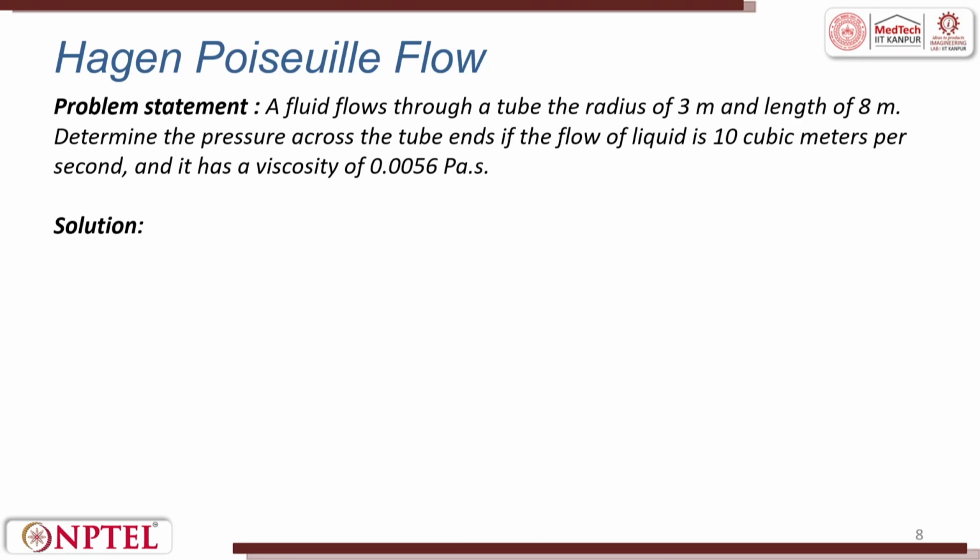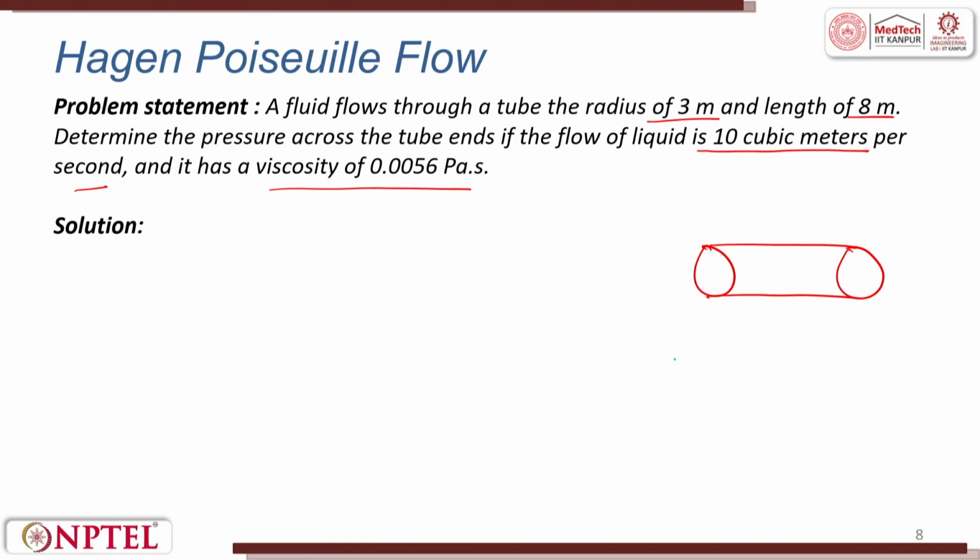Let me see a problem statement. It says a fluid flows through a tube of radius 3 meters and length 8 meters. Determine the pressure across the tube ends if the flow of liquid is 10 cubic meters per second. It has viscosity of 0.0056 Pascal second. So, we have a pipe through which the fluid is flowing. It has a length of 8 meters.